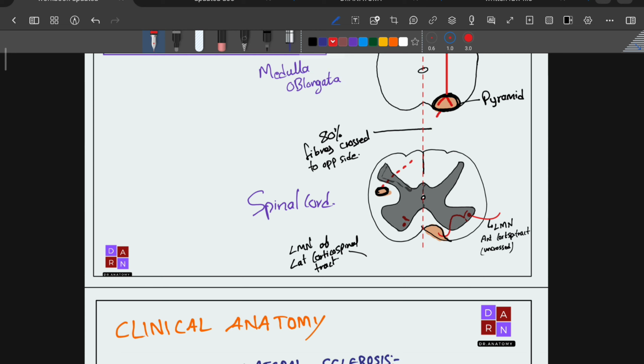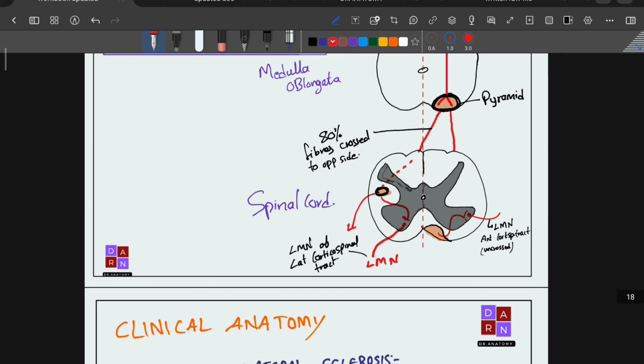From the medulla oblongata, it decussates. 80% of the fibers are crossed and 20% of the fibers are uncrossed. The 80% crossed fibers enter the lateral corticospinal tract. This is your lateral corticospinal tract, and it descends to the ventral horn of the spinal cord and comes out as lower motor neuron.